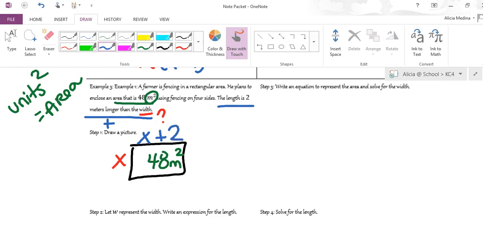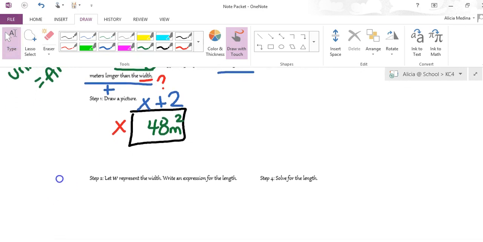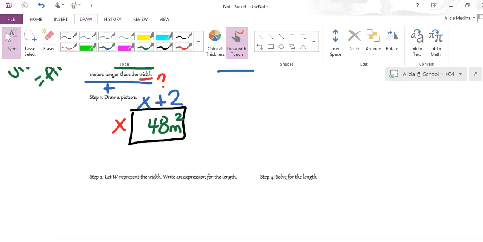All right, step 2 is asking us to, well, let W represent the width. Write an expression for the length. Alright, so what we're going to do here is I'm actually going to go ahead and change my X's to W's. So let me change that really quick. I'm going to say this was a W, and this would be whatever that width is plus 2.